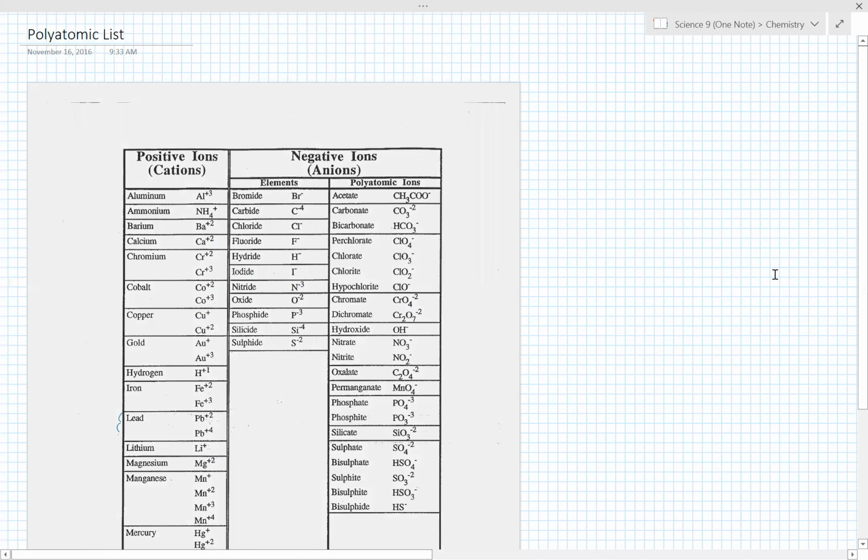So what do I mean by this? Let's say, for example, I have the formula copper II oxide. Again, we set this up.